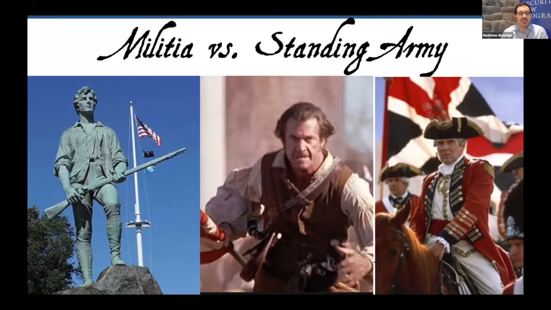They had been ineffective in earlier conflicts under British rule, and some standing national army was going to be necessary. So a big debate about what kind of military forces we'd need, between reliance on militias and building standing national forces. Keep that debate in mind when we get to the constitutional text in a few moments.